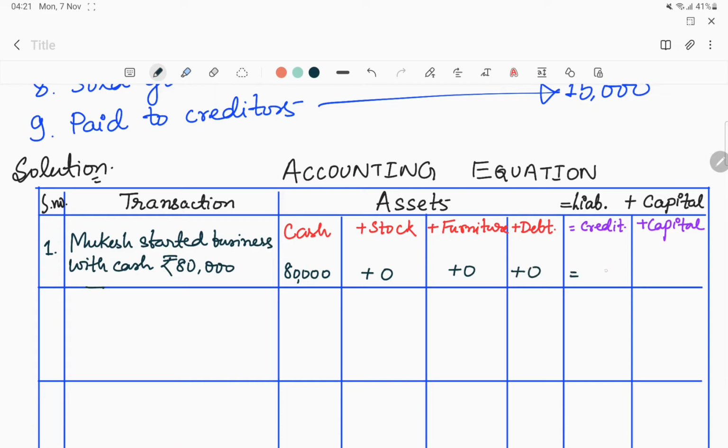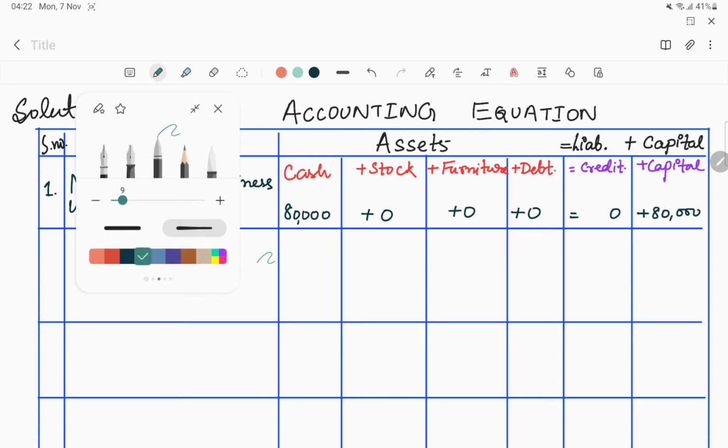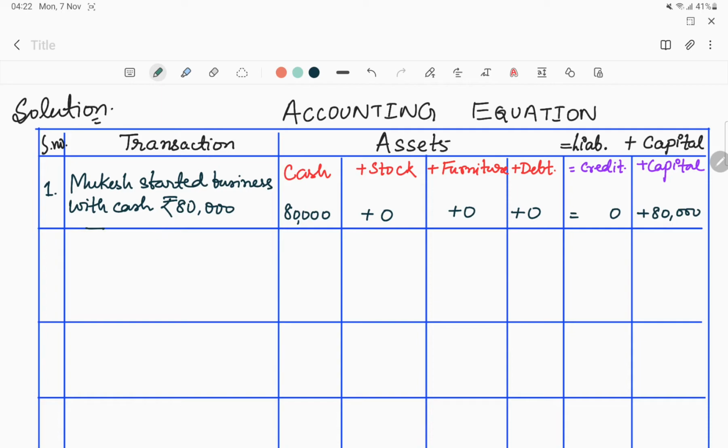On the right hand side there are no creditors in this transaction, and capital is there of 80,000 rupees. So before going into the next transaction we have to write the first equation here, and the first equation is something like this: 80,000 plus 0 plus 0 plus 0 is equal to 0 plus 80,000.